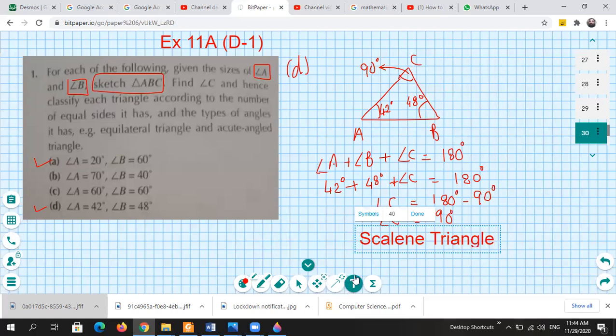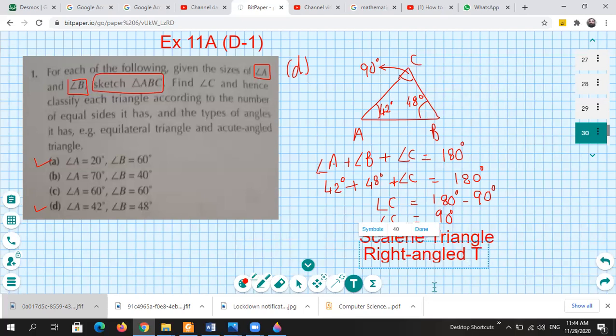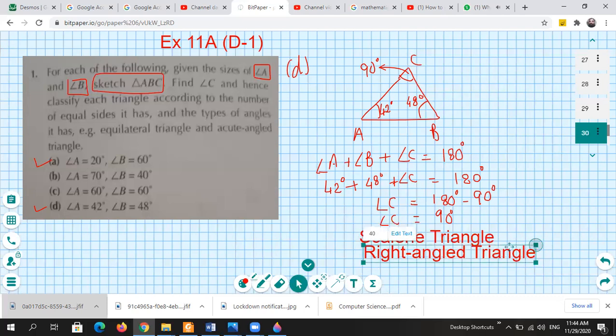And with respect to angle, this is a right angled triangle. So this is the solution of your question number 1, part D. Hope you understand this.